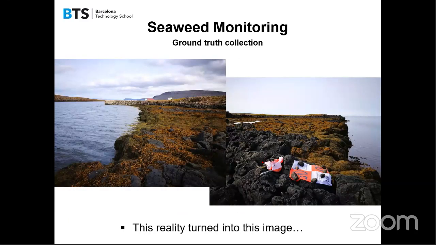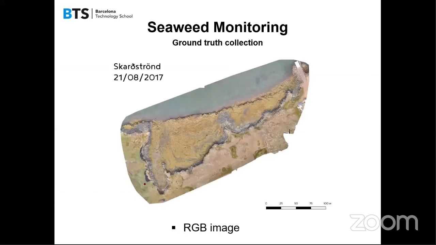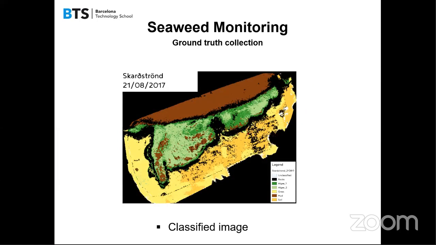So this is again some more of these images. This is what you could see from the ground, this part of reality, and this idea of ground truthing turned into this, an RGB image where we could pinpoint and look at exactly what was going on there. And after that, we will classify those images using a semantic segmentation network like UNet or similar.